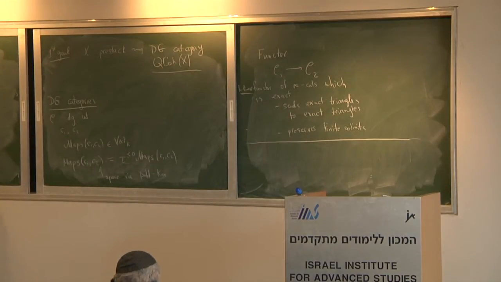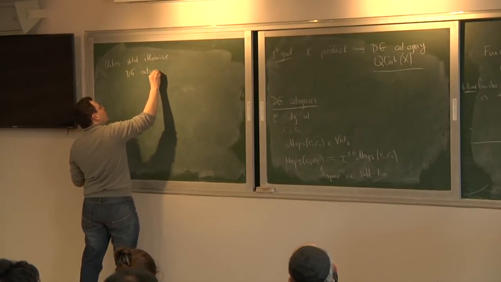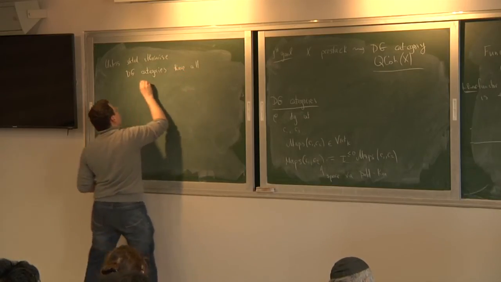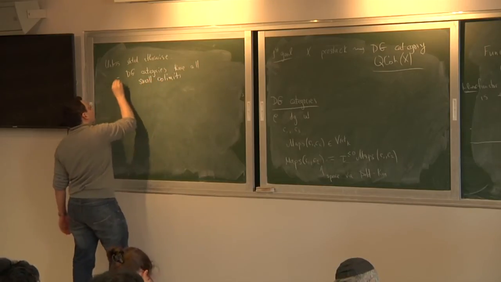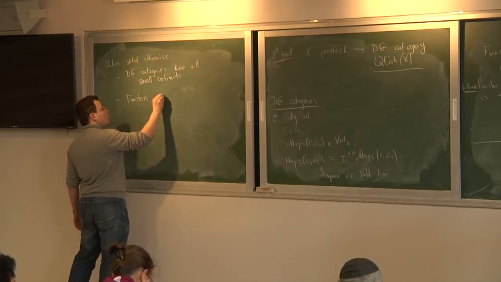So that's what a DG category is and what a functor between these is. So usually we will consider not just DG categories, but, unless stated otherwise, DG categories which have all small colimits, and functors have to preserve all colimits.